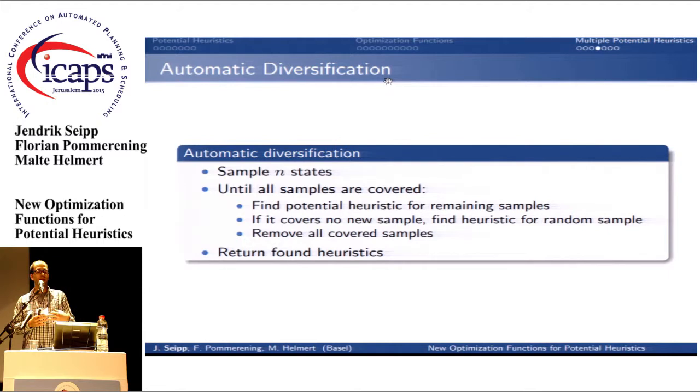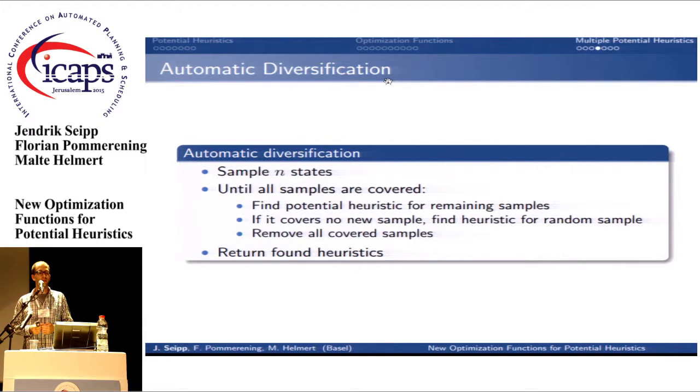When I say best, I mean that the potential heuristic achieves the optimum value for this state, and we couldn't achieve any higher value with other potential heuristics. If that is the case, we say that this sample is covered.